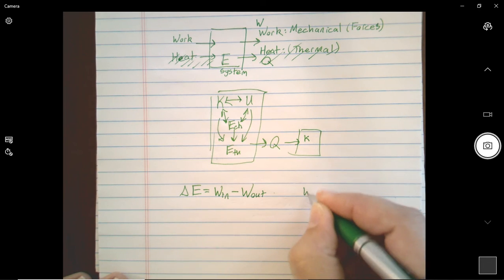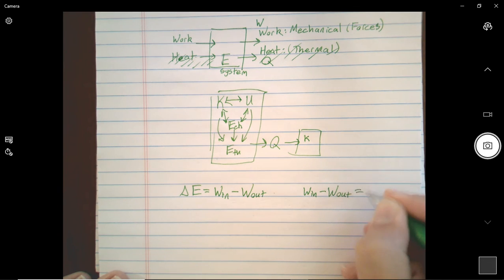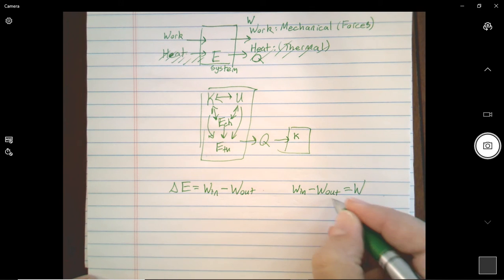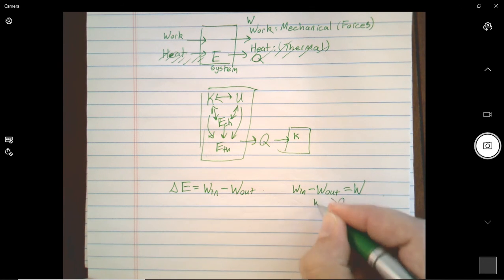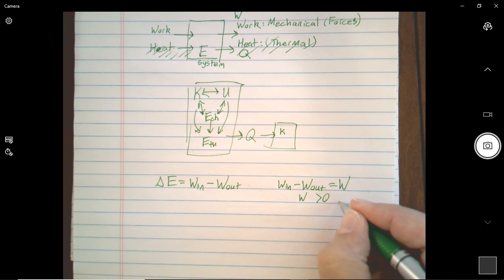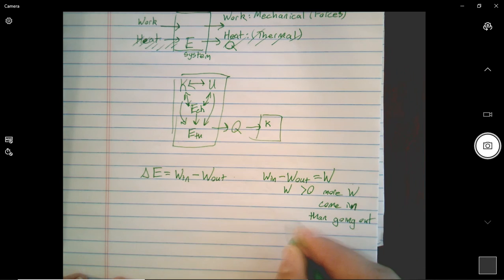We call the work coming in minus the work going out, we just call that overall the work. And we know that if it's positive, the overall effect is more work coming in than going out. And then obviously if it's negative, it's the opposite.